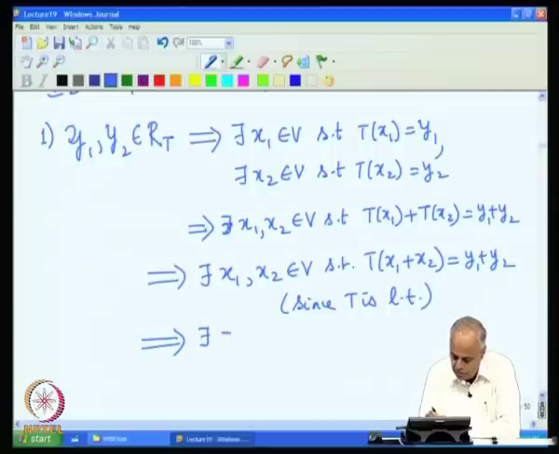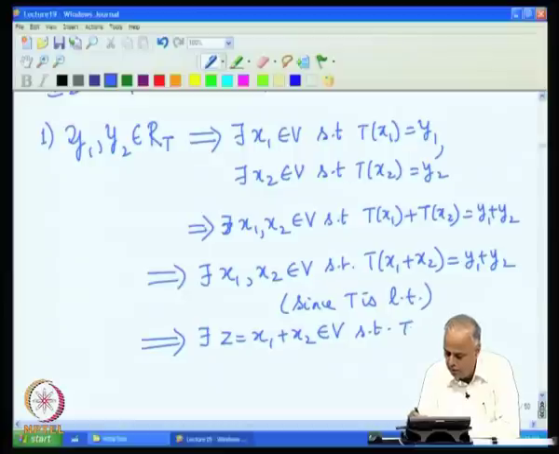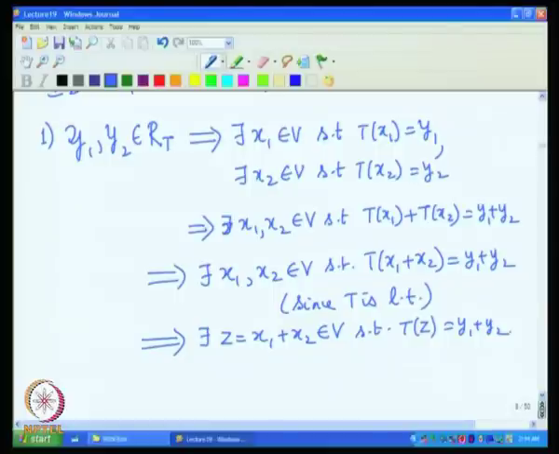So, there exists z which is equal to x 1 plus x 2 in V such that T of z is y 1 plus y 2. This means y 1 plus y 2 is also a focal point with z being focused at y 1 plus y 2. That is, the value of T at the vector z is y 1 plus y 2.